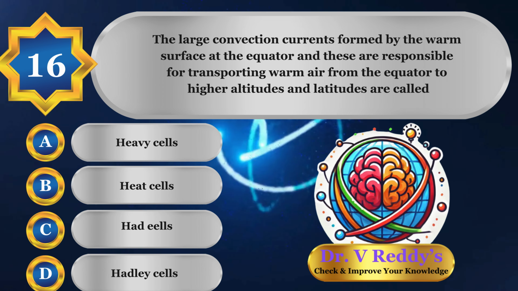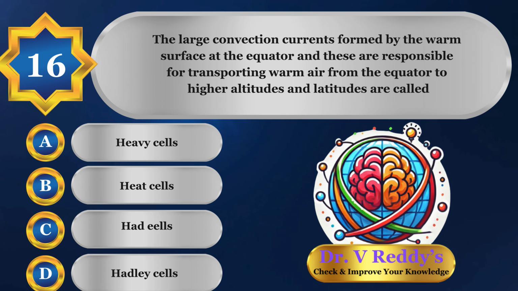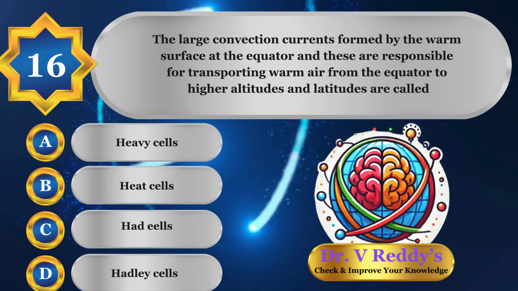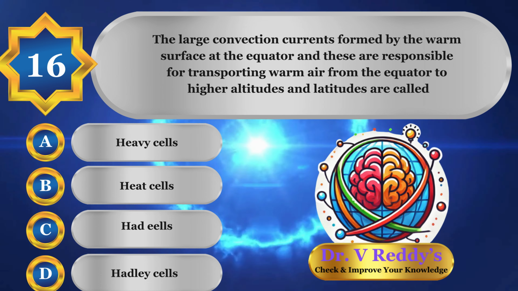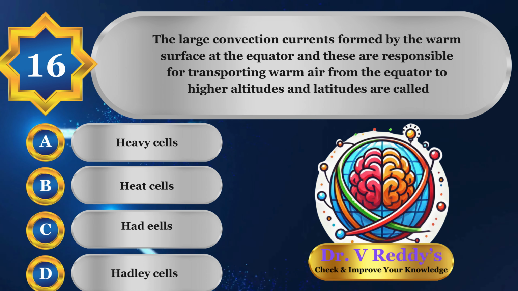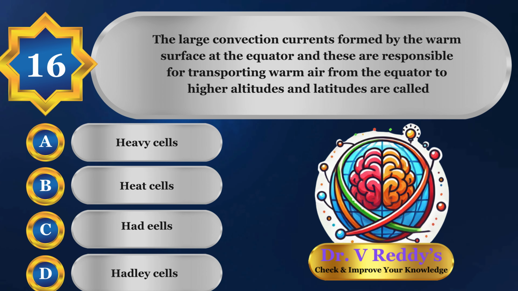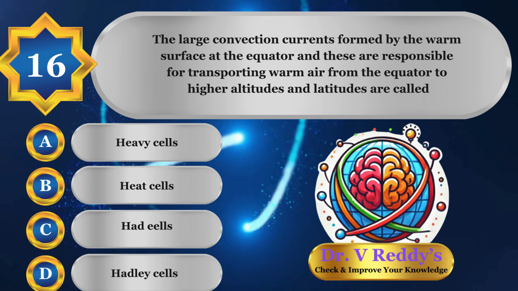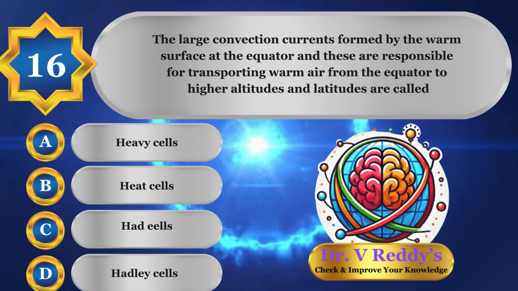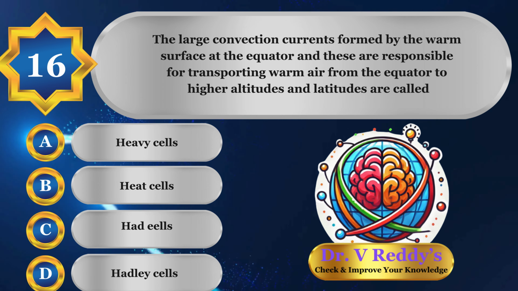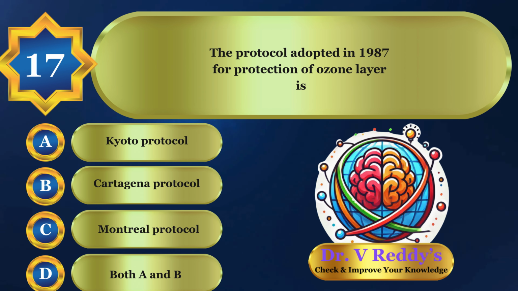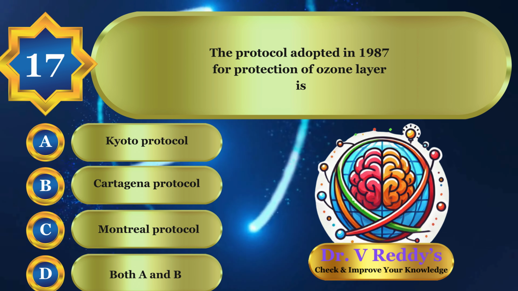16. The large convection currents formed by the warm surface at the equator, which are responsible for transporting warm air from the equator to higher altitudes and latitudes, are called A. Heavy cells, B. Heat cells, C. Had cells, D. Hadley cells. 17.